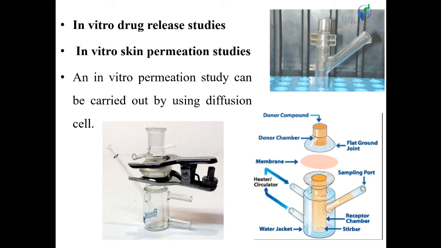In the receptor chamber we put the dissolution fluid medium. Sampling ports are there, and from that part we take out samples at periodic intervals to find out the concentrations, and then analyze them with the analytical method.